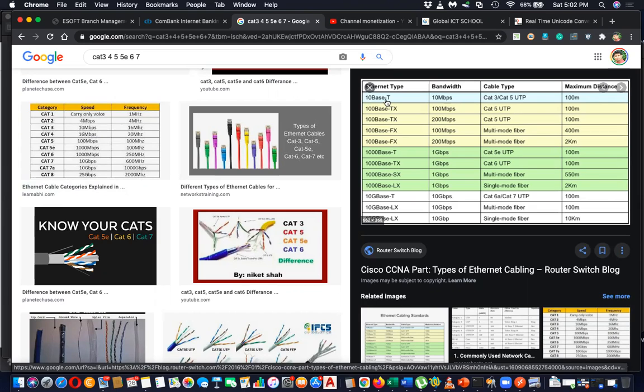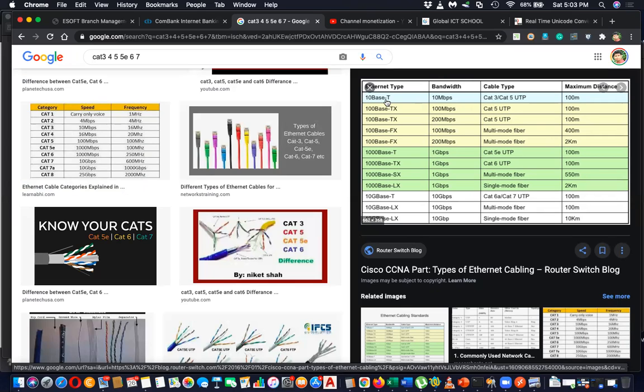So broadband is basically for analog signals, right? Analog signals, you do broadband. Digital signals, we use baseband. That's the simplest way to explain that. There are many differences, but broadband means basically used for analog signals, and baseband is used for digital signals.